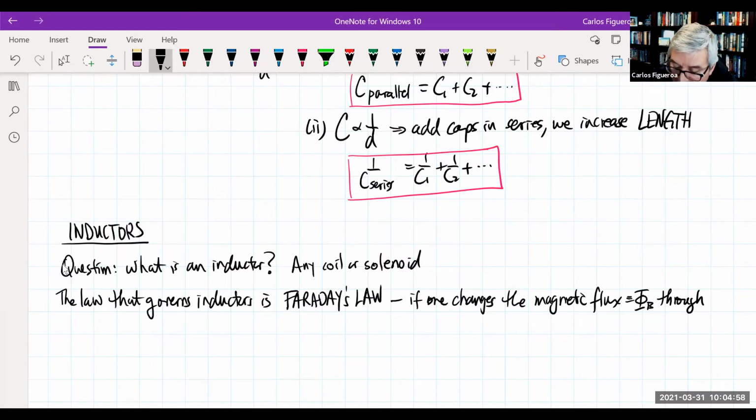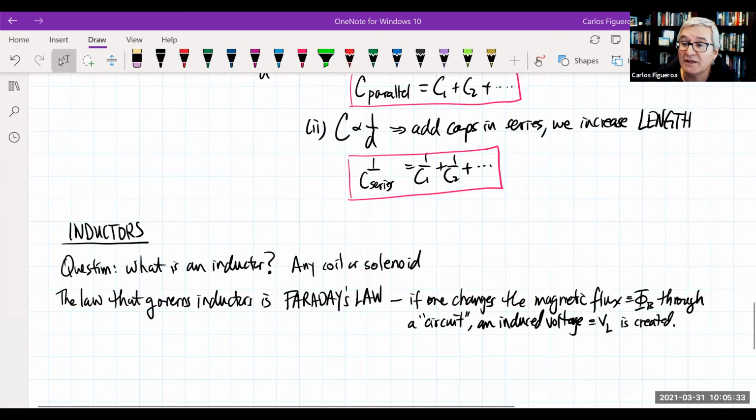So if one changes the magnetic flux through, I'm going to say, a circuit, an induced voltage, which they typically write V_L, is created. Now, I'm not going to try to explain physically what we mean by that.